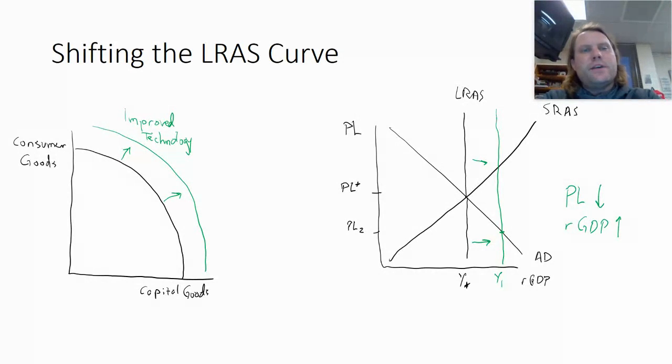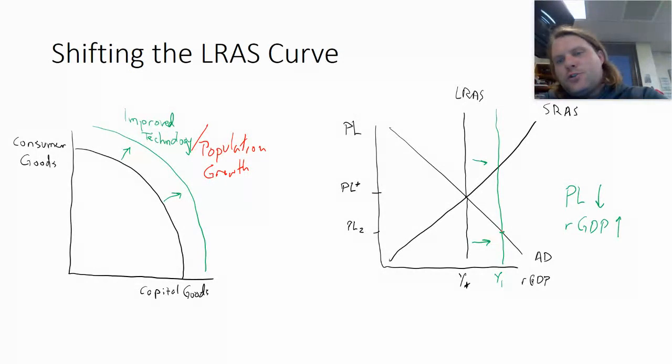So if we have improved technology, and we'll also add population growth to that as well, whatever those particular things are, we see over here that it's going to eventually drop our pricing because we're faster, and eventually we're going to try to increase our GDP.